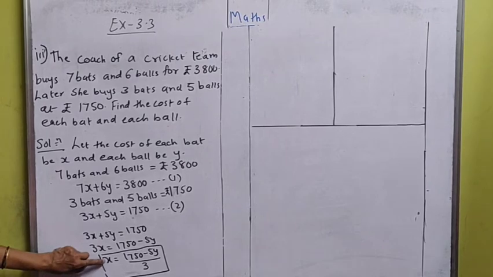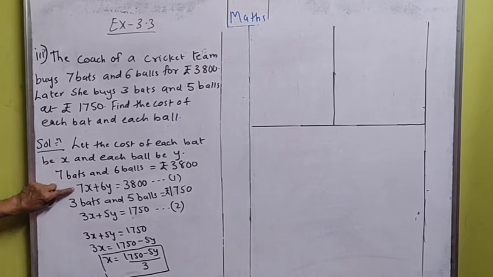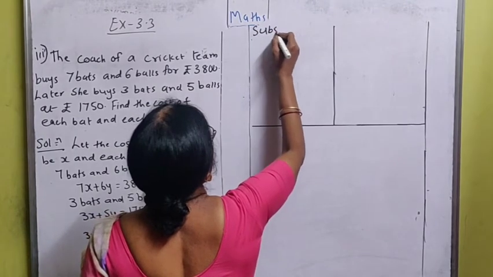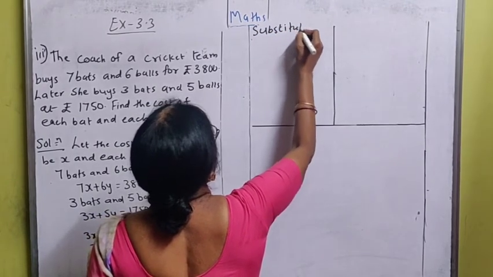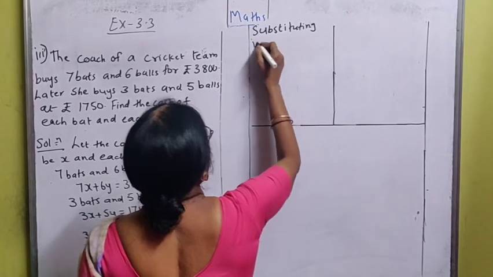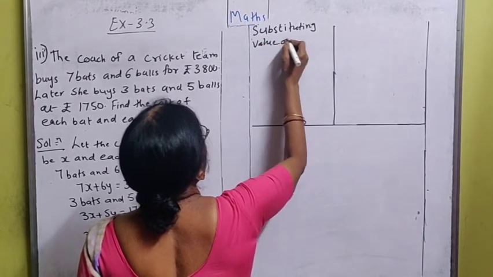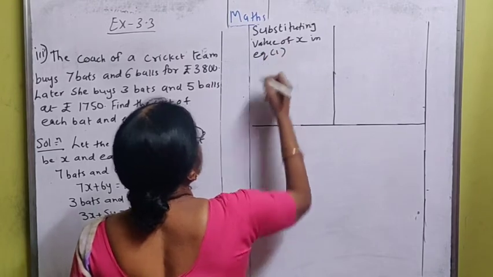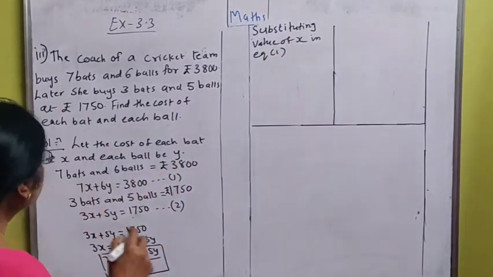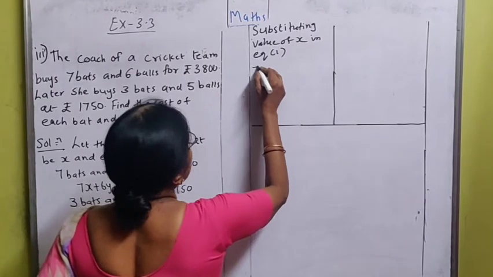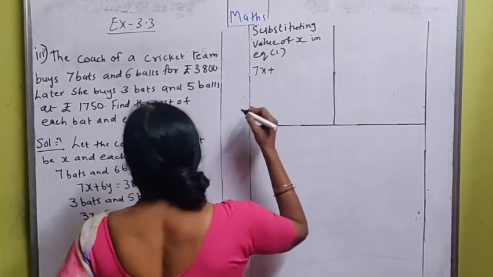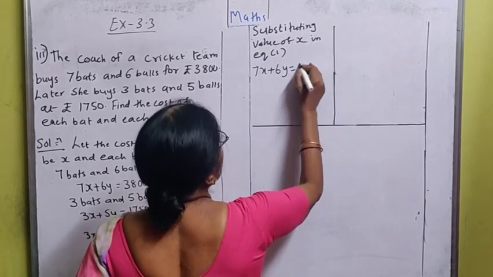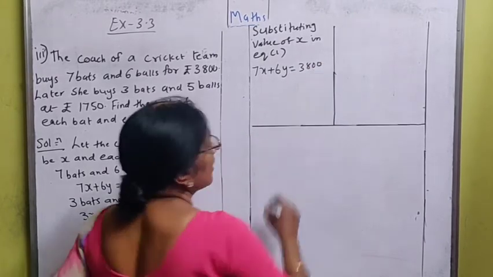Now this value we are going to substitute in equation number 1. So substituting the value of x in equation 1. What is equation 1? You write it down. 7x plus 6y is equal to 3800.